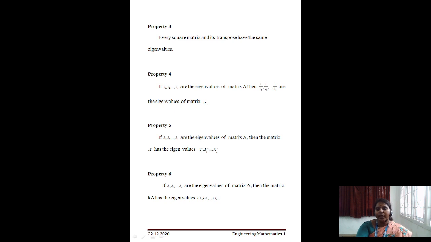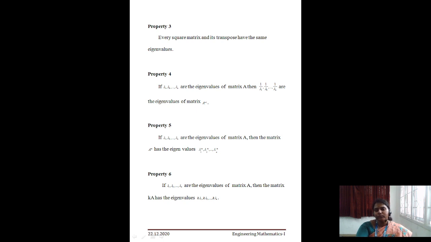So if they give the eigenvalues of A and ask to find the eigenvalues of A inverse, there is no need to use a formula. Just write the reciprocal of the eigenvalues of A. For example, if 2, 3, 4 are the eigenvalues of A, then 1 by 2, 1 by 3 and 1 by 4 are the eigenvalues of A inverse.